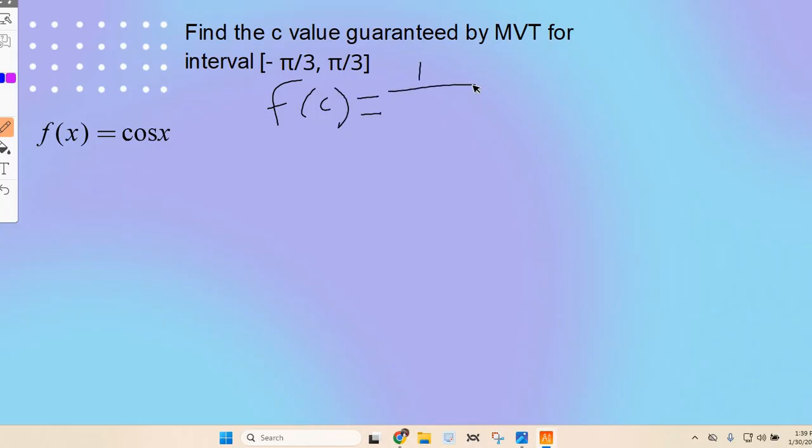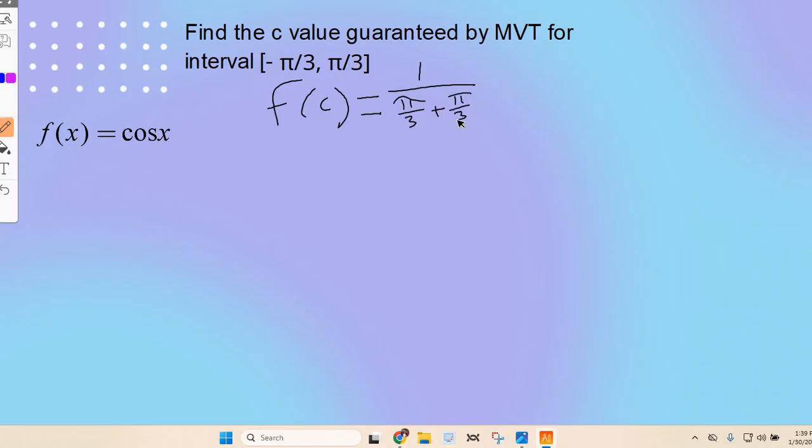What's my b value? Pi over 3. And we are subtracting a negative, which is the same thing as adding.